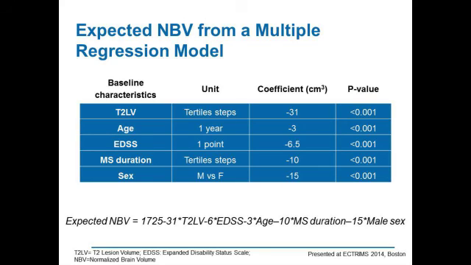All these characteristics are highly correlated to the volume of the brain in a multivariate model, so they are all independent predictors of the volume of the brain. And according to these variables and to the coefficients estimated by the regression model, we are able to build a regression model estimating an expected volume of the brain.